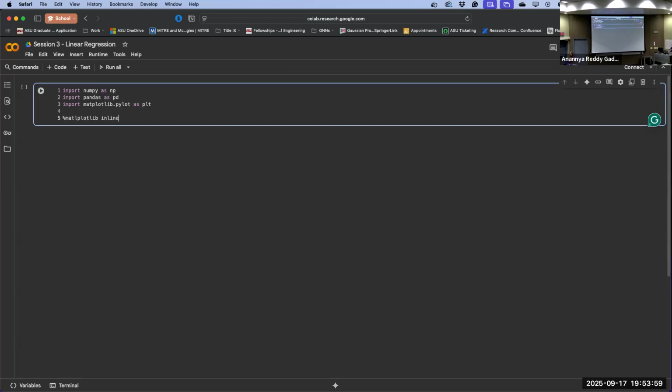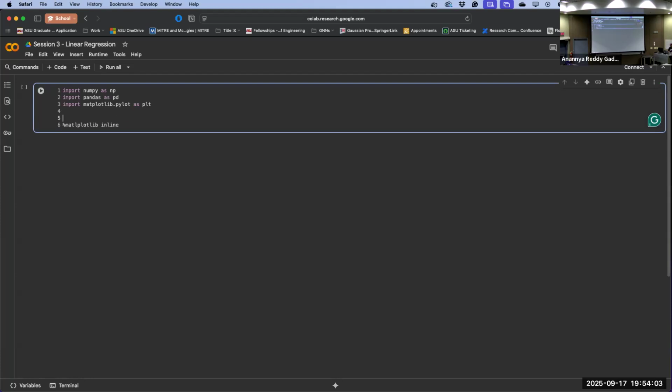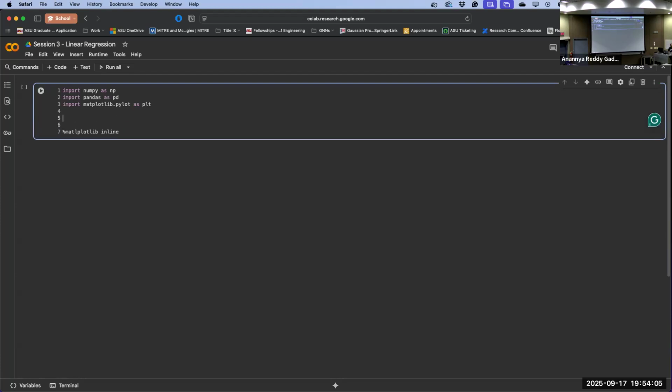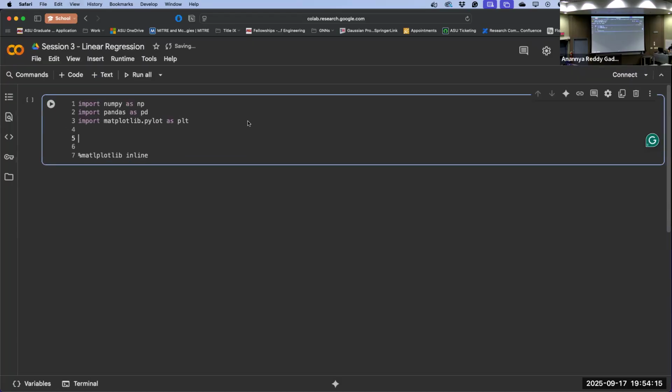The data sets. Now for the data set, we are going to take the California housing data set.